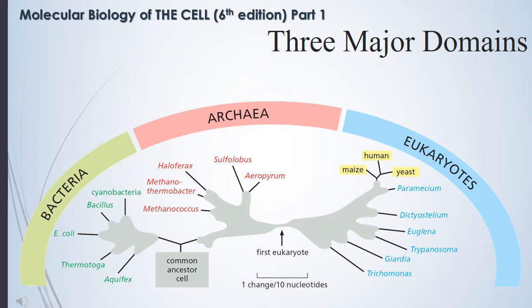Archaea could be organisms such as Sulfolobus, which are basically single-cell organisms found in the hydrothermal vents at the bottom of the ocean. And eukaryotes, well, us, yeast, and many other multicellular organisms.